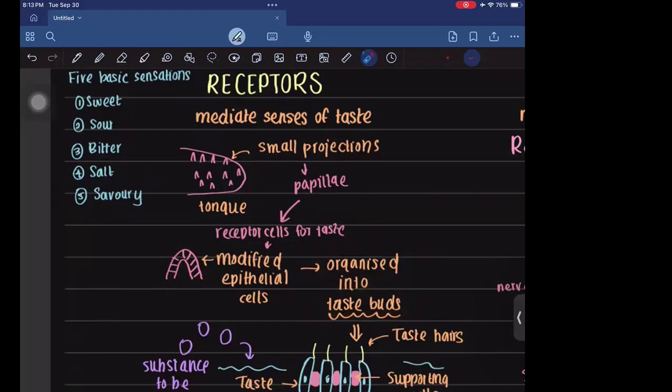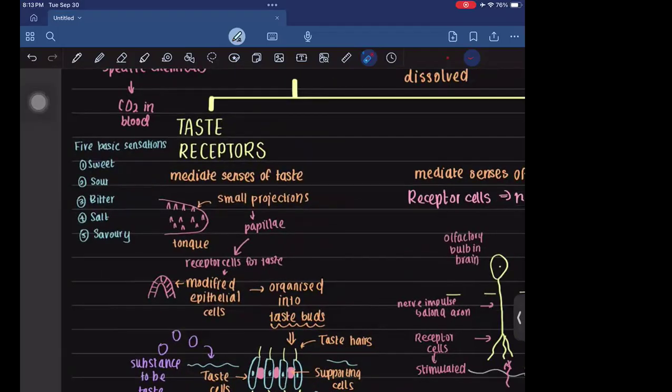Once again, listen carefully. What will the taste receptors do? They will mediate the senses of taste. What are the five basic sensations? Sweet, sour, bitter, salt, and savory. Where are they exactly present? Obviously your tongue is the one which will aid you to sense the taste. There will be small projections in your tongue called papillae.